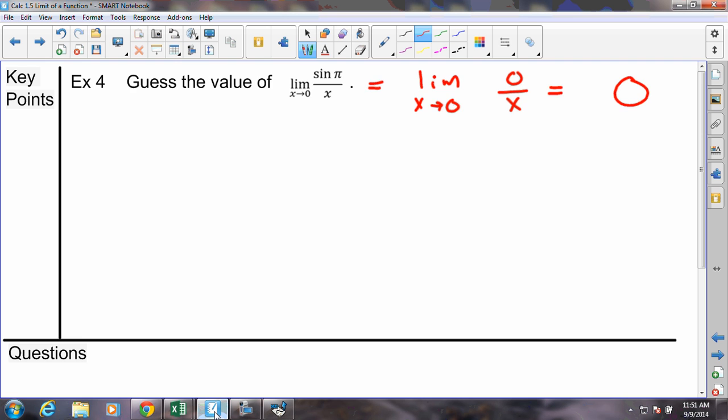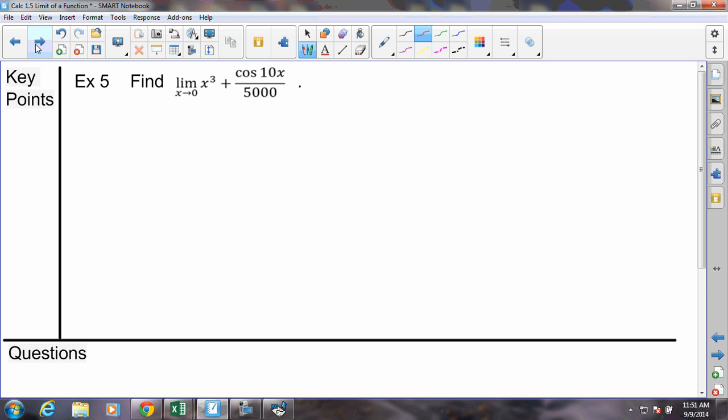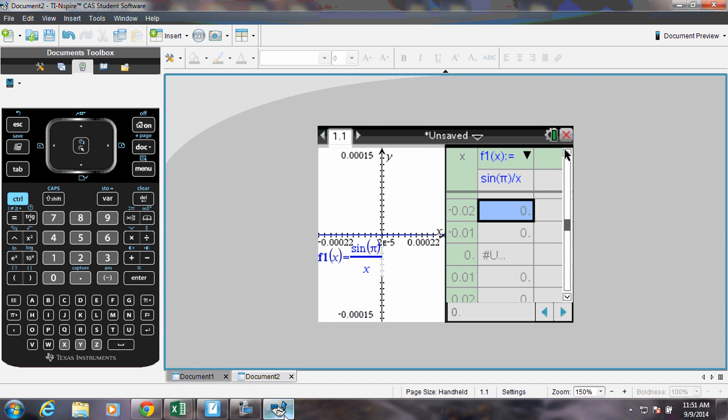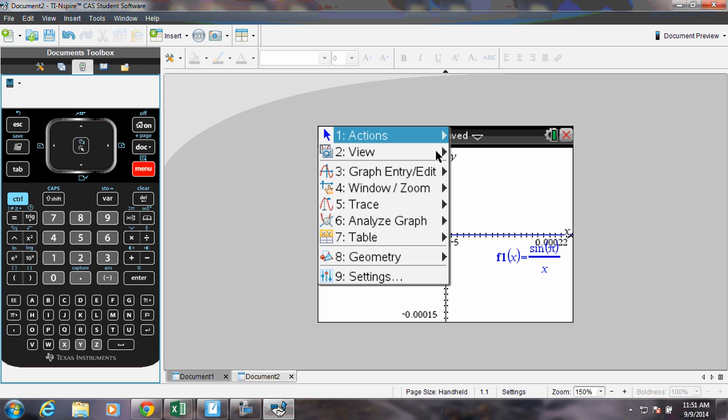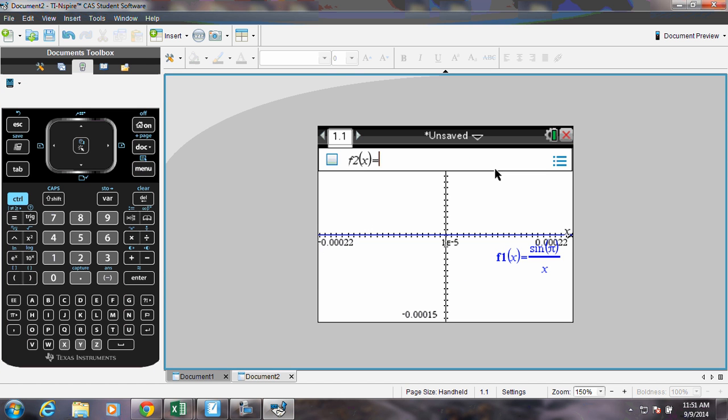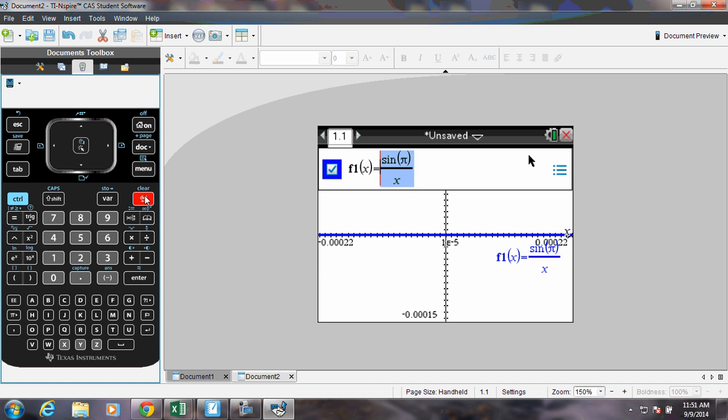Example 5. Find the limit of x cubed plus cosine of 10x over 5000 as x approaches 0. We've got to get it typed in now. So coming back, menu, get rid of the table, and menu, go back into graph, function, and I'm just going to delete this piece.